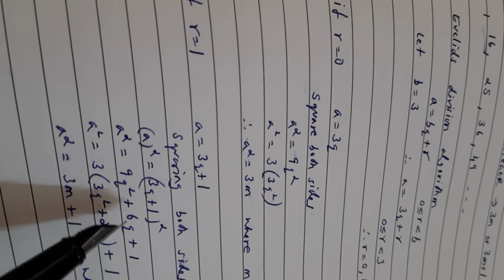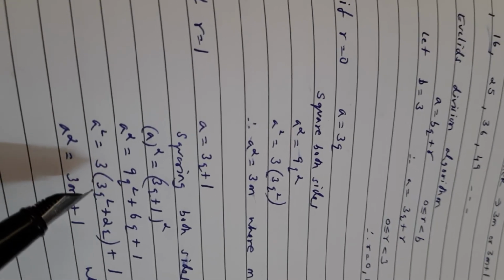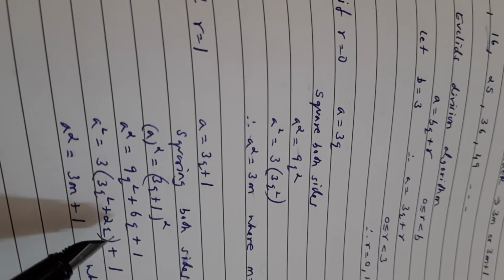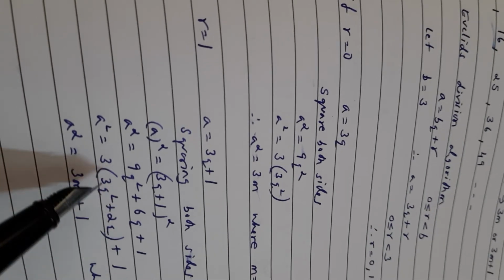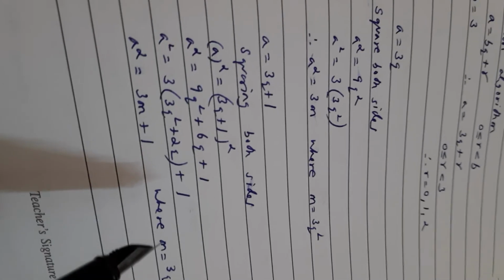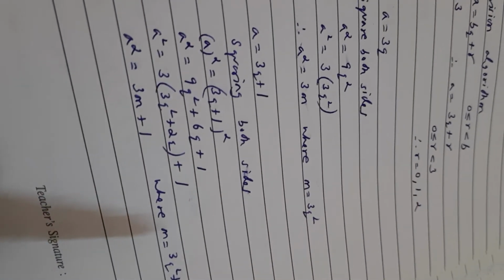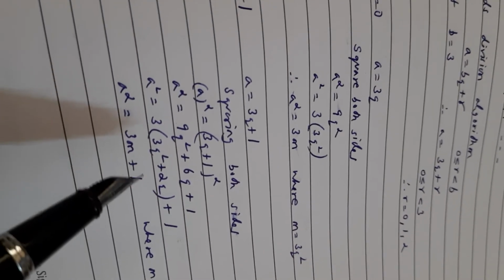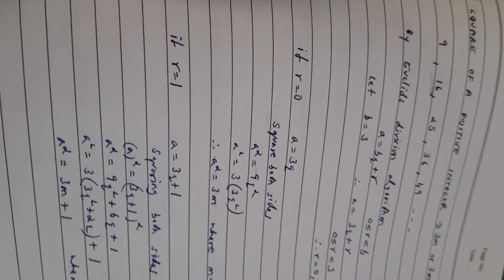Now we can take 3 common in these two. So we get 3 common, 3q square plus 2q, plus 1. And as I explained before, whatever is in the bracket can be replaced with m. So m here is 3q square plus 2q, and we get the value of a square as 3m plus 1. So we've finished the cases of r as 0 and 1, and next we'll do r equal to 2.